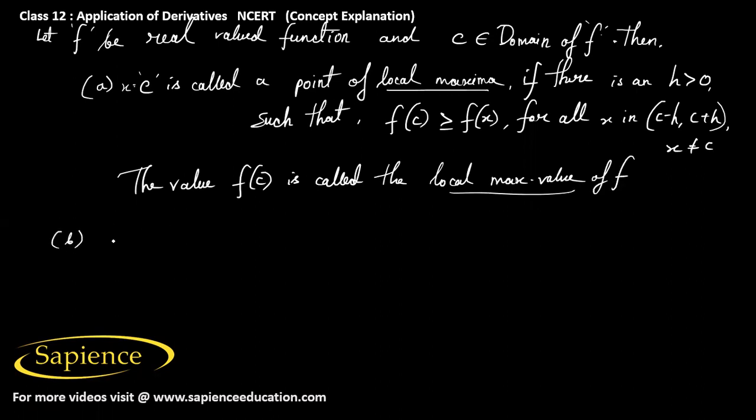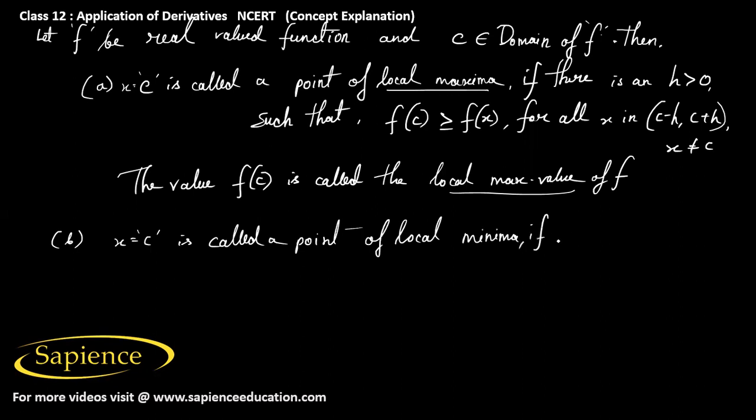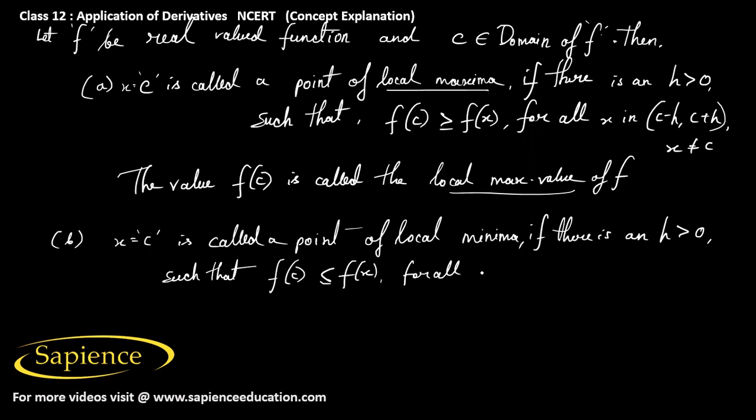Then the point x equal to c will be called a point of local minima if there is an h greater than 0 such that the function f of c is less than or equal to f of x for all x in the interval c minus h to c plus h.